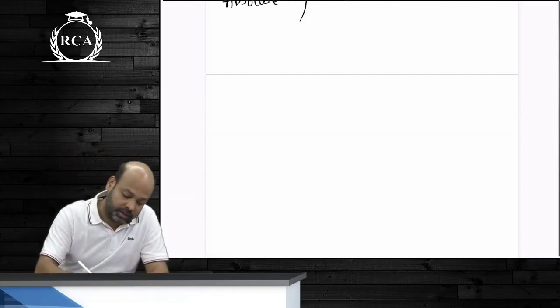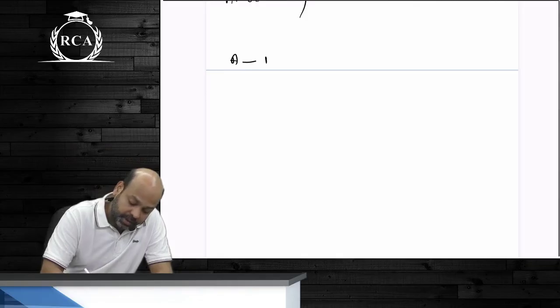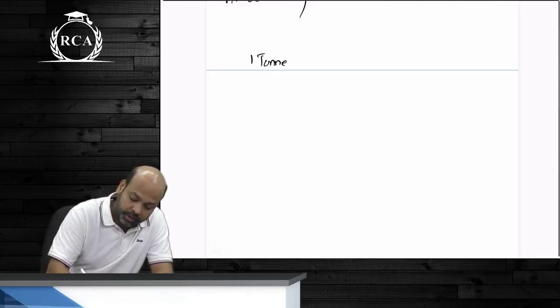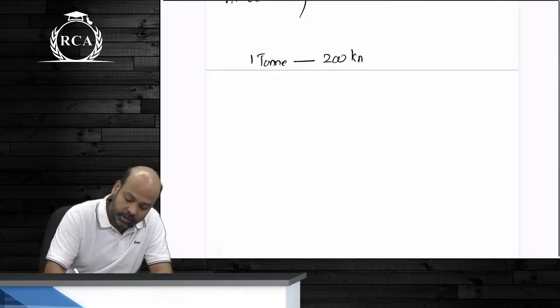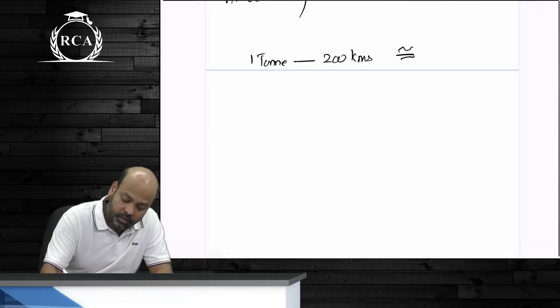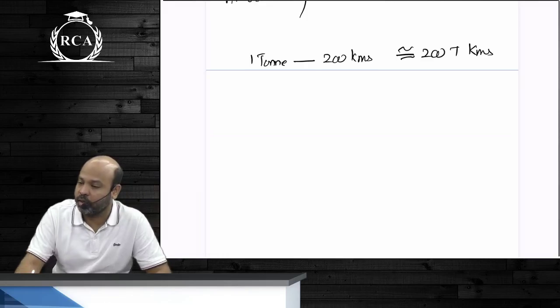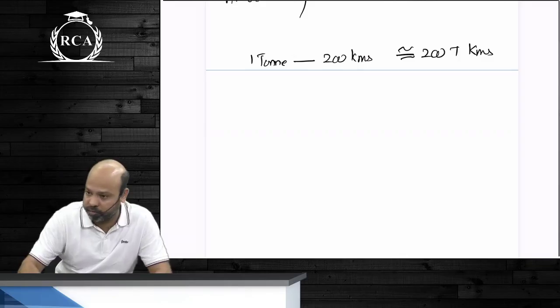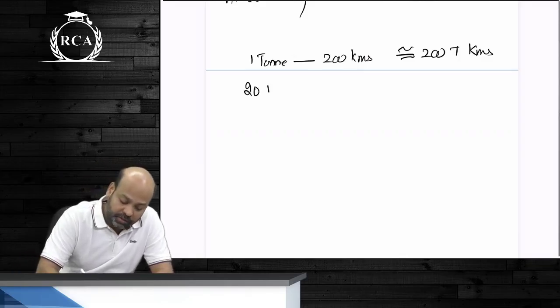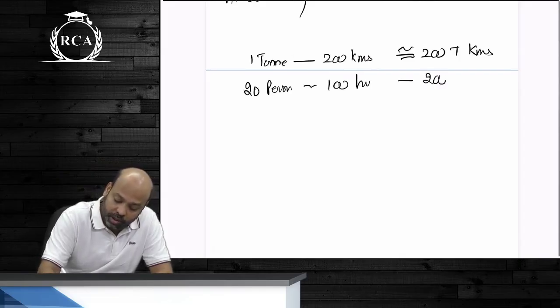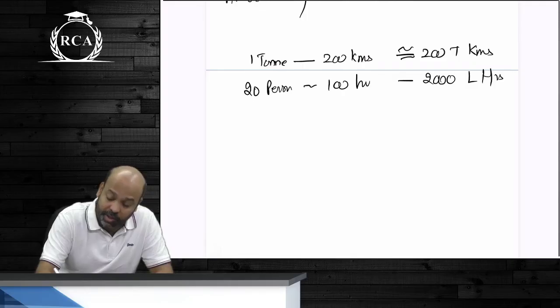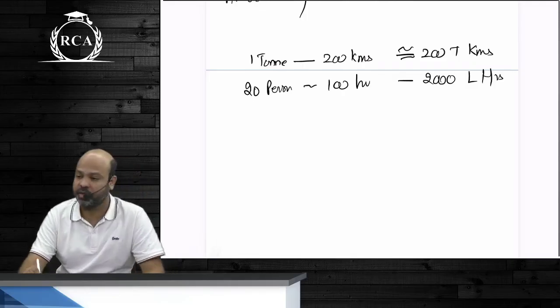Let's say to understand this, पहले ये सबको पता है ना, if you carry 1 ton for a distance of 200 kilometers, we write it as what? 200 ton kilometers. Carrying 1 ton for a distance of 200 kilometers, beta, is exactly the same as 200 ton kilometers. 20 persons के साथ beta working for 100 hours is 2000 man hours or labor hours. Even labor hours, guys, is a composite cost unit.